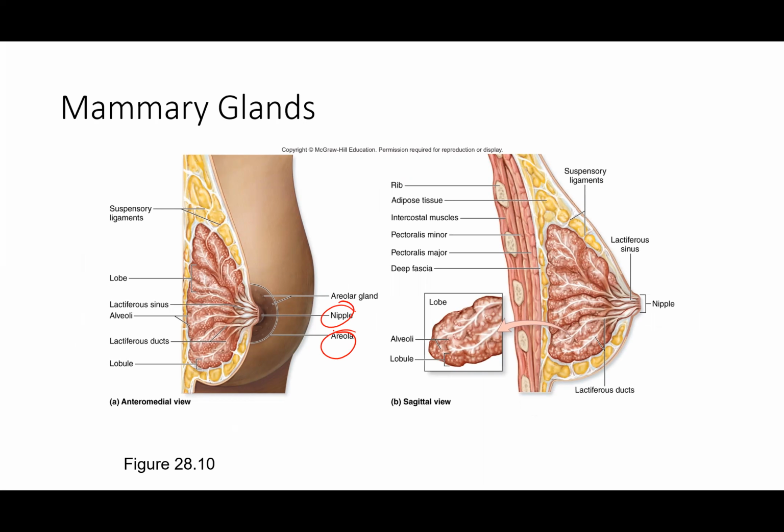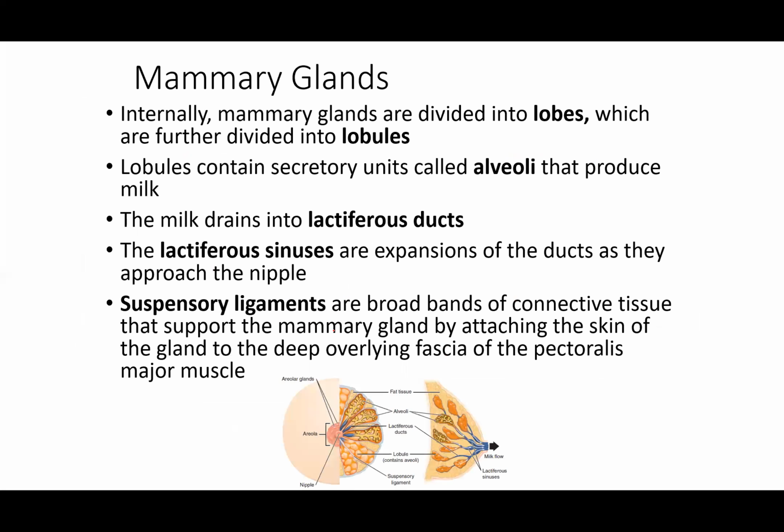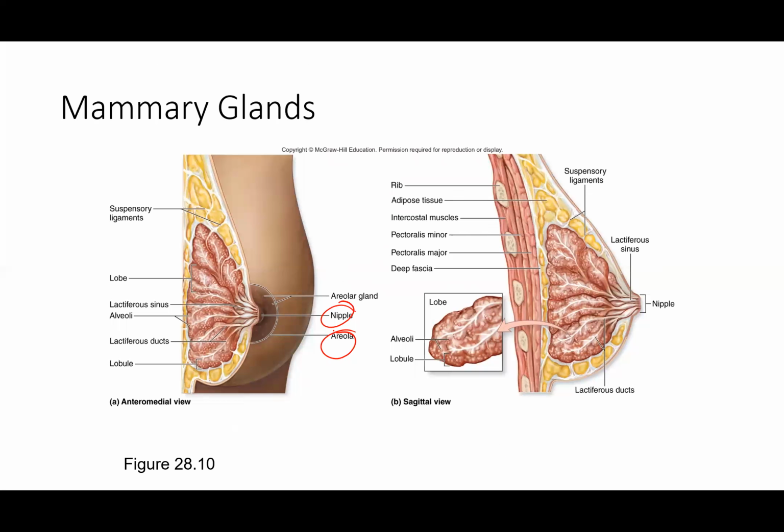Keep in mind another thing, I think we talked about this a while back: poorly fitting bras that are too tight. During all the non-pregnant times, you want to make sure that is also a properly fitting bra so that you're not inhibiting lymphatic drainage.